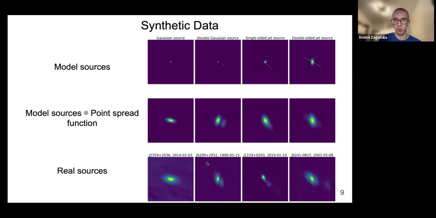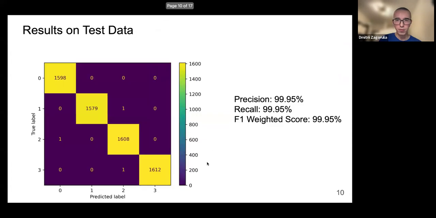So we used these synthetic images as the training data set for our CNN. We trained our CNN, and this is the confusion matrix that we got for our test data. We split our synthetic data into train and test as we usually do. This is the result.